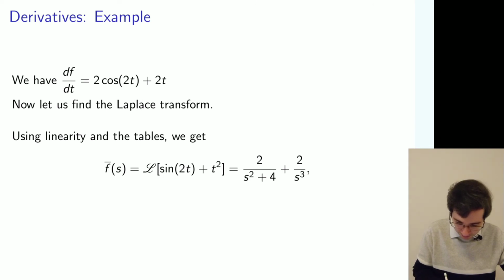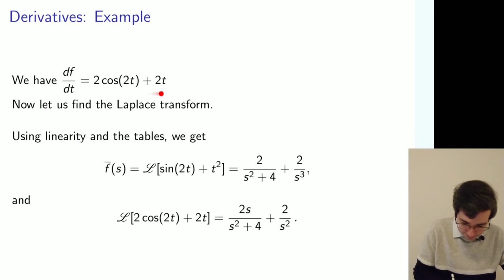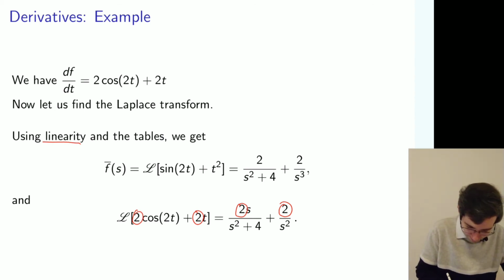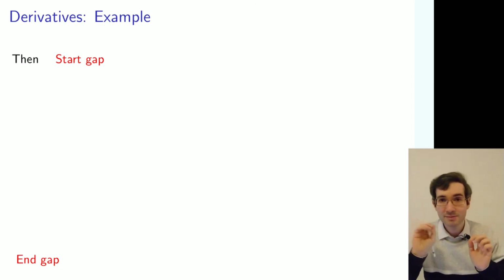So for sine 2t plus t squared, just use the tables, and you get this. And then you get the derivative, 2 cosine 2t plus 2t, so you get that, and these are just the constant factors, right? So use linearity and the tables. Then we want to compare it to the right-hand side.